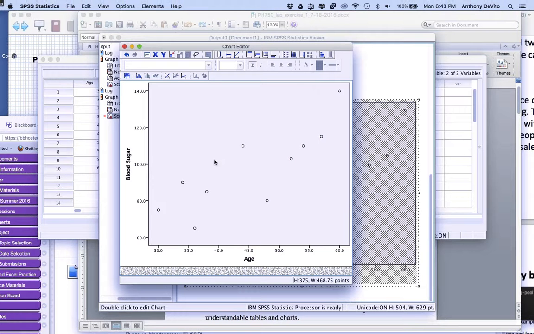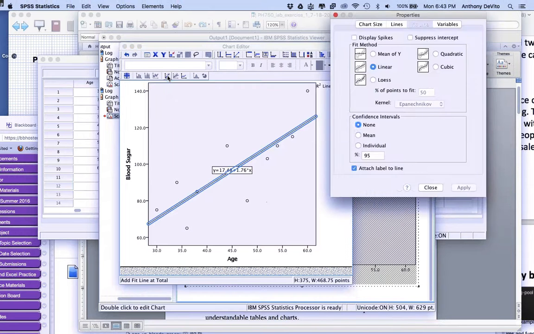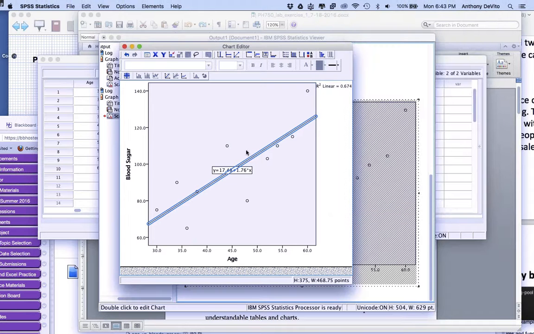Now, one of the things I can do that involves a calculation is one of these options that will add a fit line. Don't worry about that part at the moment. It actually creates that line which represents a best fit for all of these different points, a straight line that would represent all of them. Again, if it were a perfect correlation, all of these dots would land on that straight line.